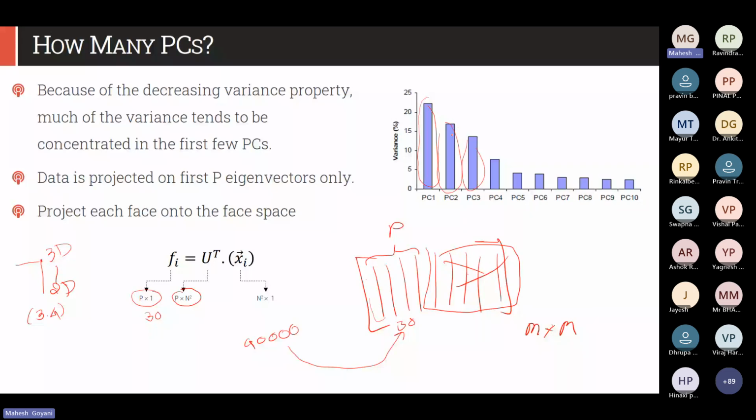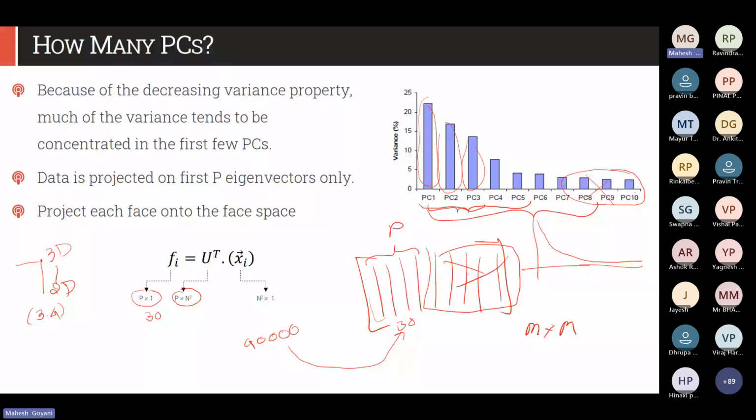So normally the graph of variance will be like this. So when you project it on the remaining eigenvectors, the captured variance will be very, very little. It means they do not contribute to the classification. They do not convey much information. So we can reject these, and based on this graph, we can select whether I want my image to be 5-dimensional, or 8-dimensional, or 3-dimensional. That's totally up to us. Right?